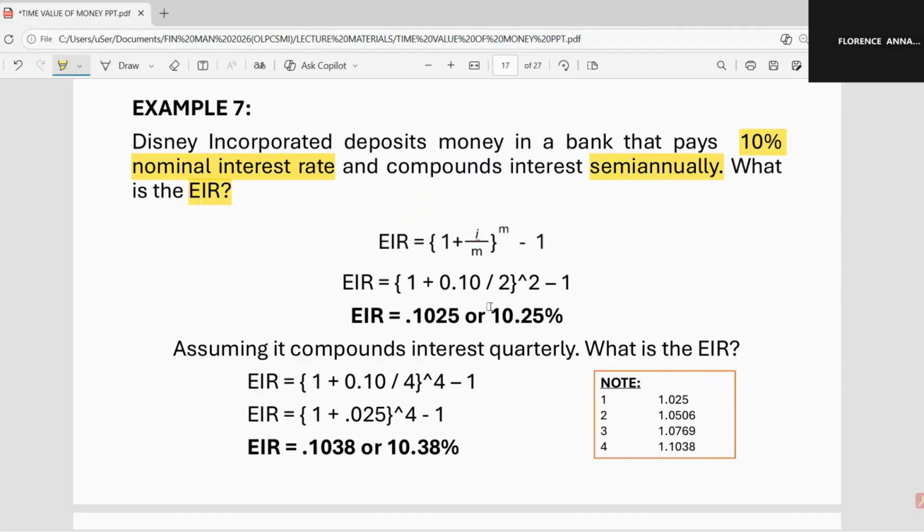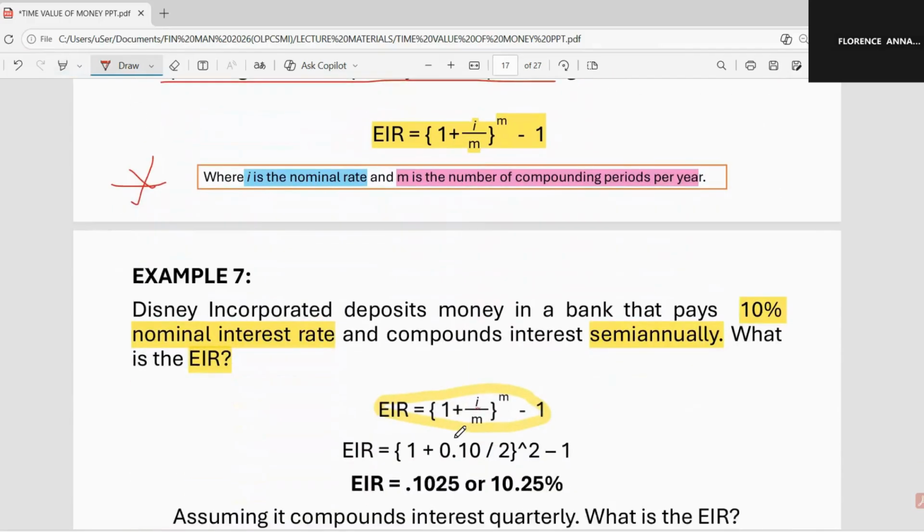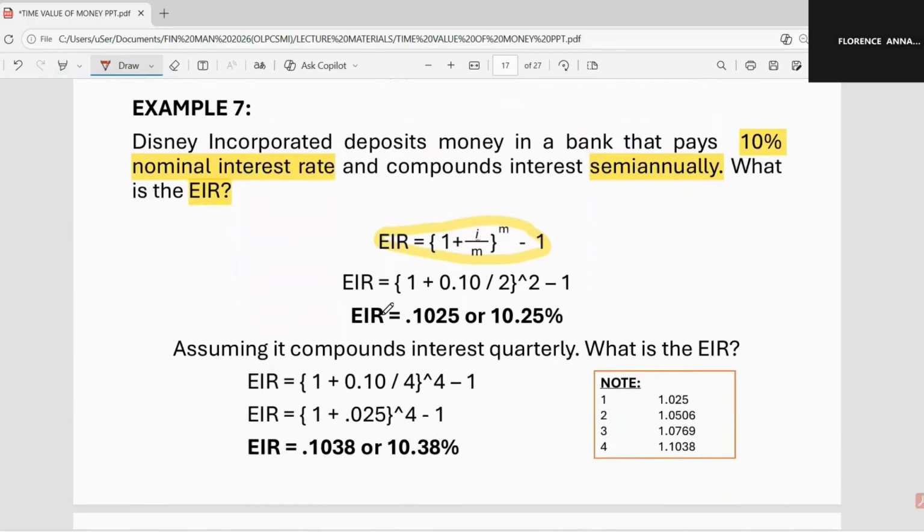So let's substitute in your formula. Your formula again for EIR is 1 plus I divided by M raised to M minus 1, where I is your nominal rate and M is the number of compounding periods per year. So, 1 plus magkano ang nominal rate?